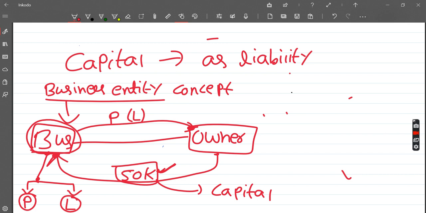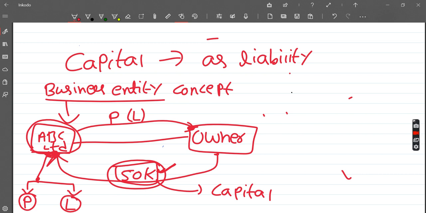To avoid confusion, let's write ABC Limited instead of business. The owner gave money to ABC Limited, so whatever money the owner gave is not ABC Limited's money. ABC Limited is liable to pay it back to the owner.